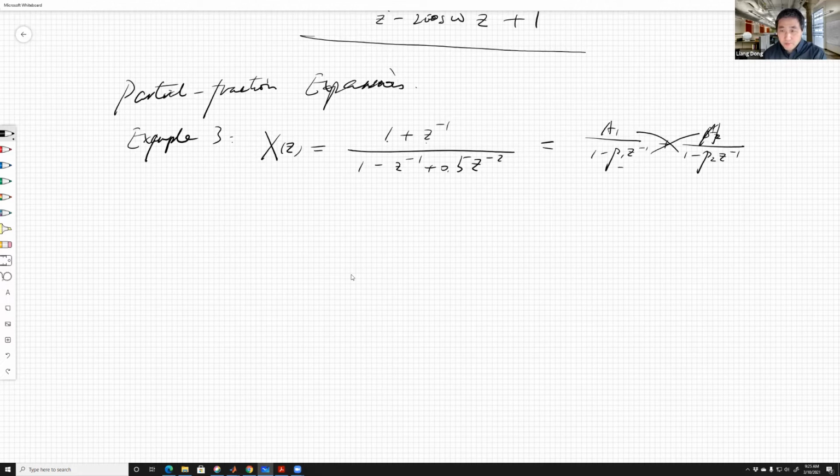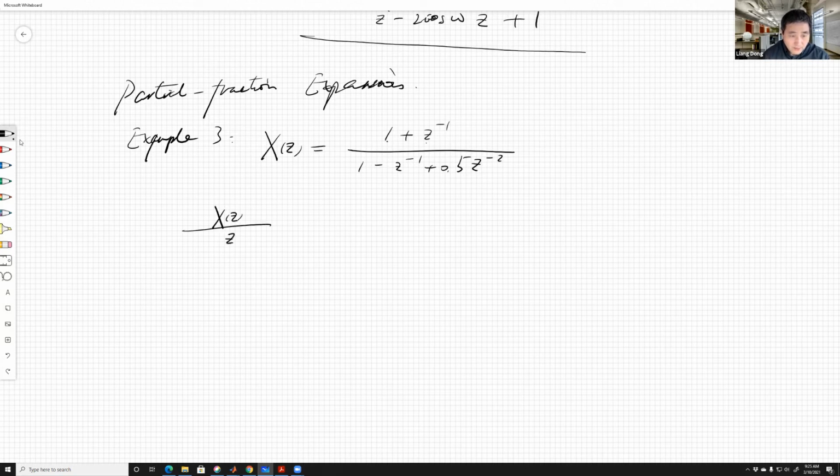But in this case, P1, P2, they are complex numbers. So I'm going to use what the book suggested, the way to do the partial fraction expansion. So what we have here is X of z divided by z, and then make everything a function of z. So we have 1 over z, because this is a divided by z term, and make it a function of z.